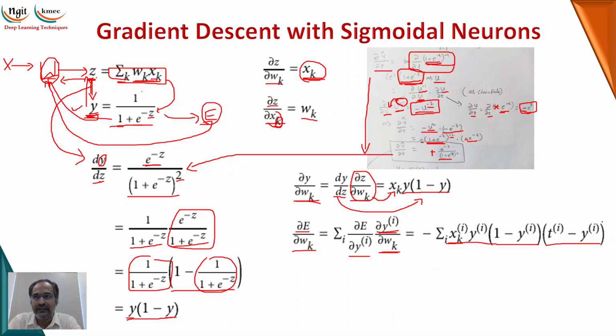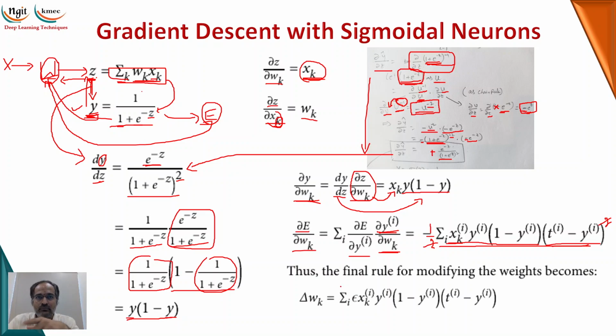Actually we have 1 by 2 sigma (t minus y) square, and because of this derivative the 2 and 2 cancel and t minus y remains. So that is ∂E/∂wk.